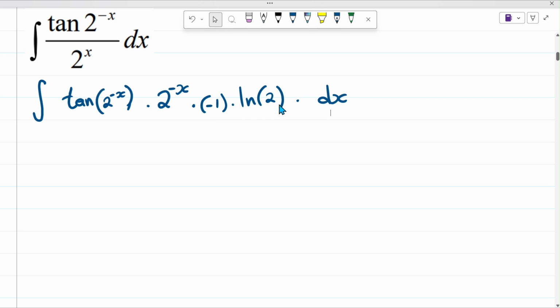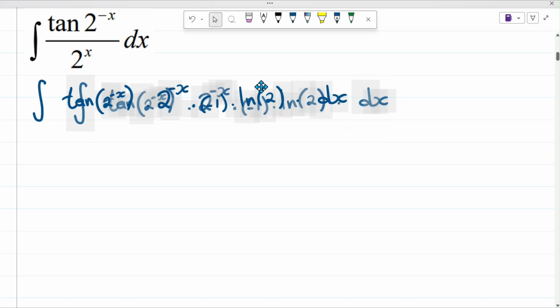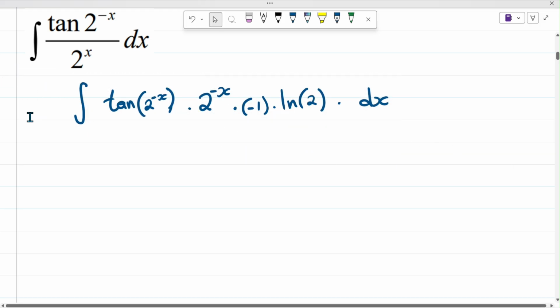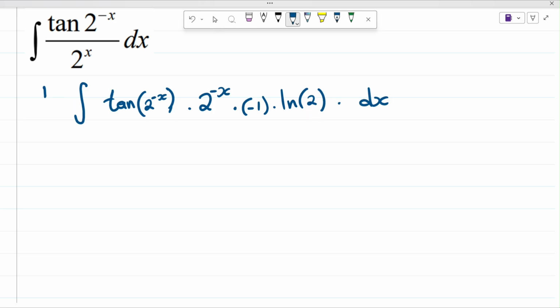Makes sense, right? So to cancel that, we need to just multiply this integral by 1 over, or -1 over ln of 2. So this outside there, I'm going to multiply by negative ln of 2. Makes sense, right?